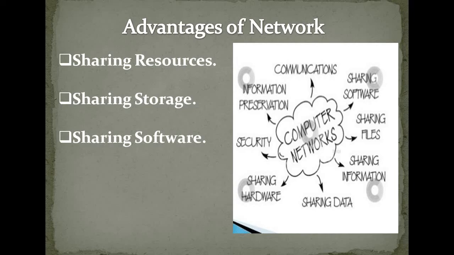That means we need not buy a license for every machine for the same software. Students, since we can share hardware, software and storage, this results in cost saving. The fourth advantage is improved communication. Messages can be sent through the internet, like email. This provides an inexpensive mode for easier communication.